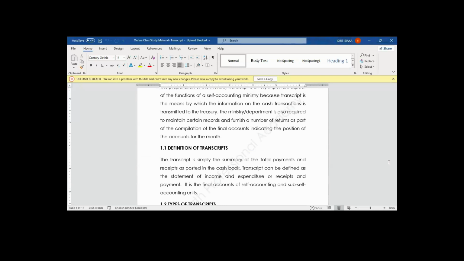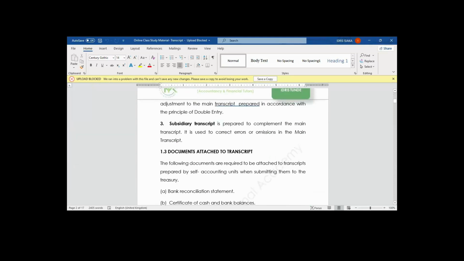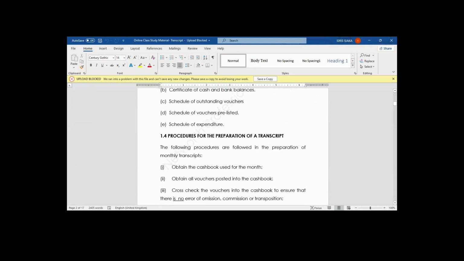It is from the transcript that we now generate cash book. Transcript is prepared by self-accounting unit and sub-self-accounting units, and we have 3 types of transcripts. I've explained that already, and the documents to be attached to transcript, I've explained that.